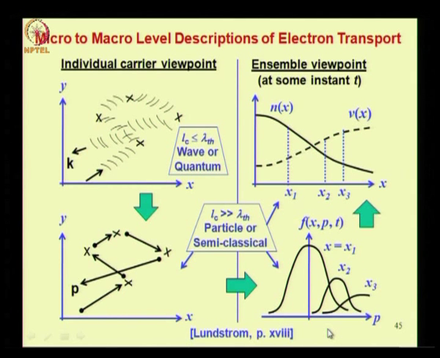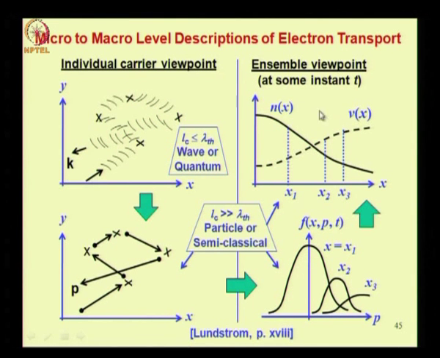Okay. So to summarize, we have given here four levels of description of carrier transport, from microscopic level to macroscopic level. The most fundamental level is the individual carrier viewpoint with carrier as a wave. The next level is the individual carrier viewpoint but with carrier as a particle. Then the next level is a viewpoint where you treat carriers in terms of an ensemble or groups, and you look at their distribution over momentum.